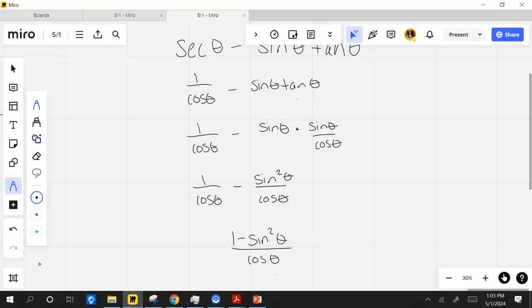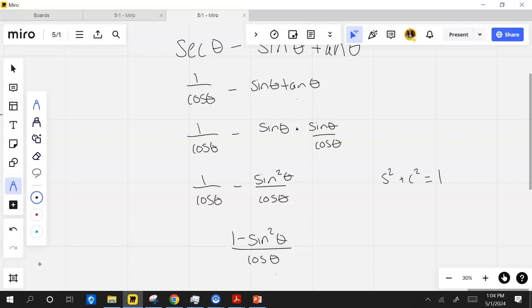But you can do Pythagorean. Remember that Pythagorean identity that says sine squared plus cosine squared is 1? Well, if sine squared plus cosine squared is 1, what's 1 minus sine squared? Or you can replace sine squared with cosine squared.